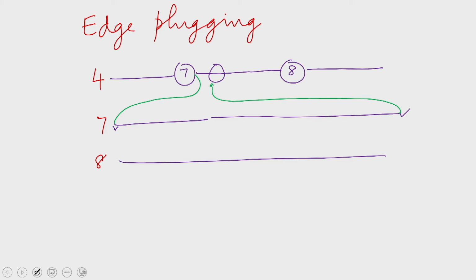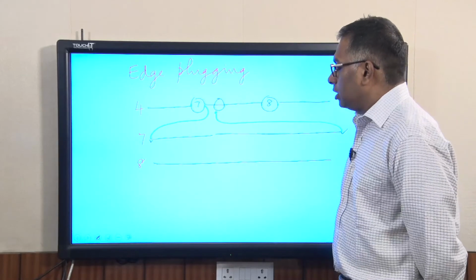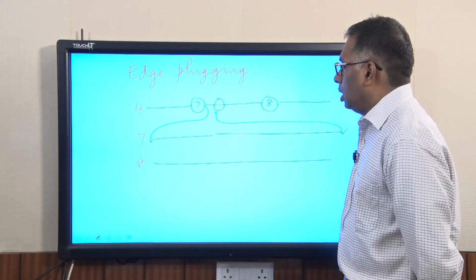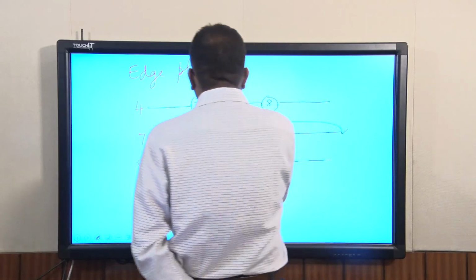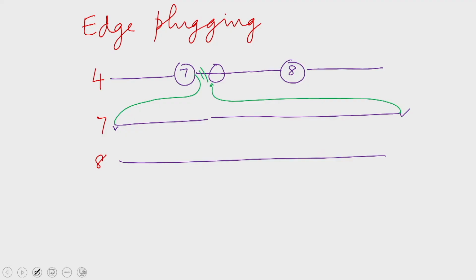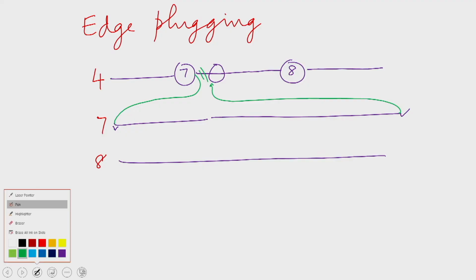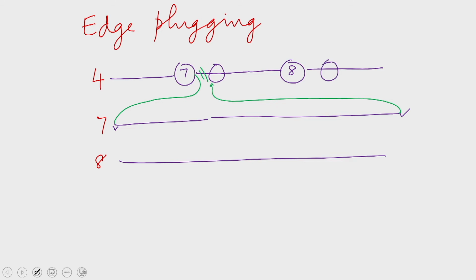So, what we have managed to do is to insert the adjacency list of 7 entirely within the adjacency list of 4. So, this is now a removed pointer. Similarly, I consider the successor of vertex 8 here, and the adjacency list of 8 is spliced in between those 2 nodes.